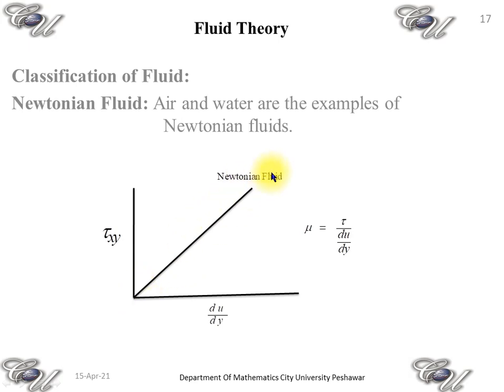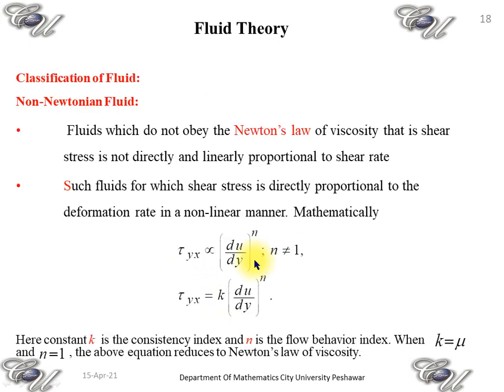We do not have the straight line. When you apply the stress, the strain or the shear deformation will not occur in the same way, or not in the same magnitude. So we call these non-Newtonian fluids.